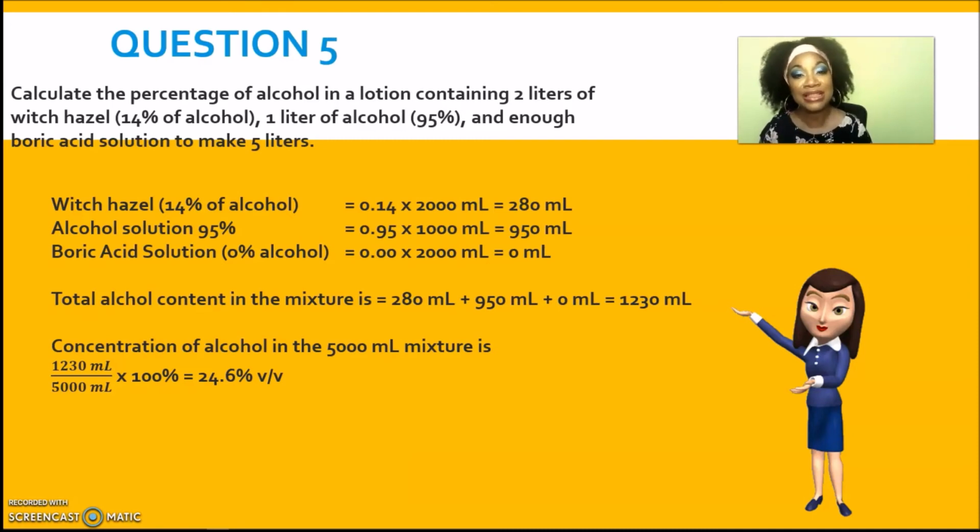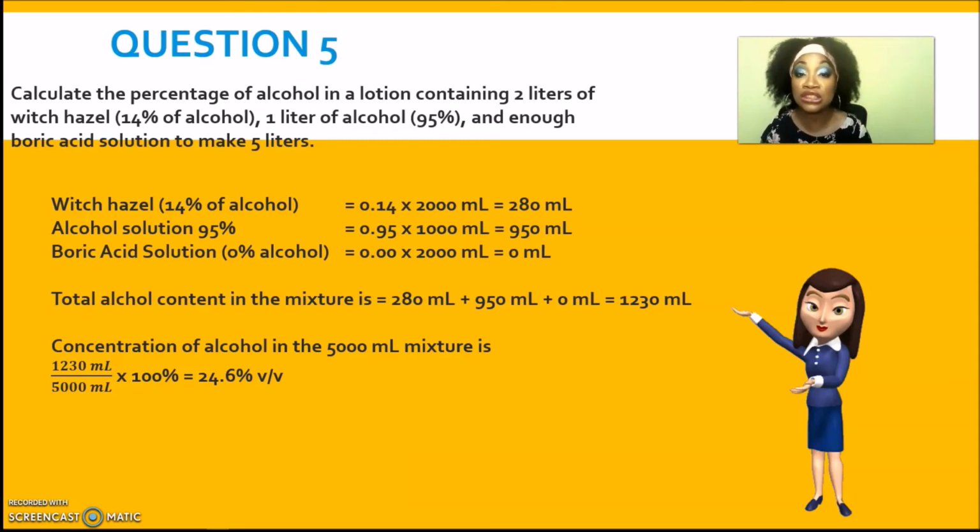In terms of alligation medial, what will let you know that you're going to have to use that method is that you're going to be combining different mixtures of varying concentration of a particular ingredient, and you're to determine the final concentration.